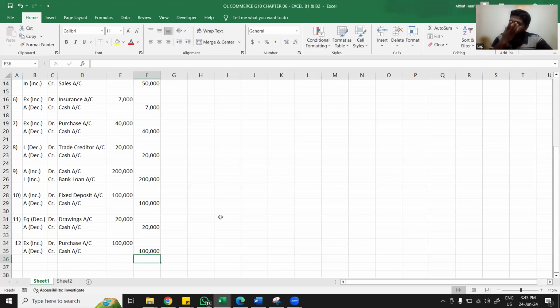Purchase account debit because expenses are increasing, cash account credit, your cash is decreasing.